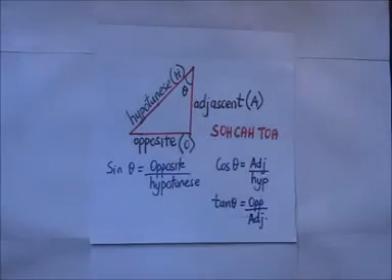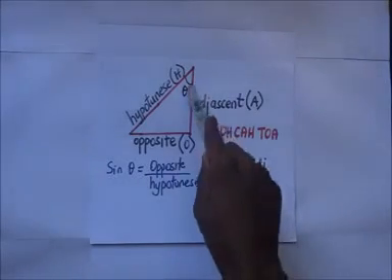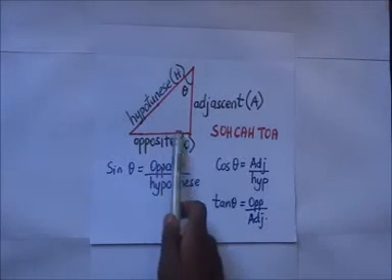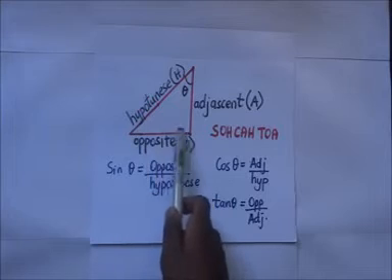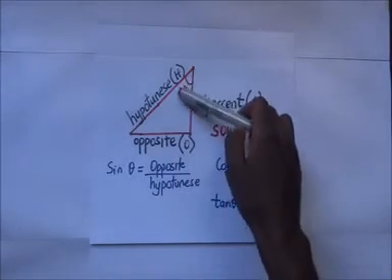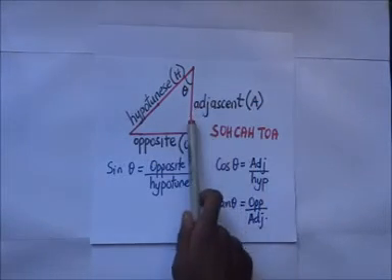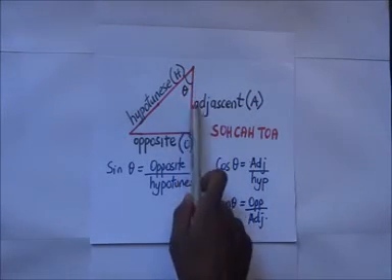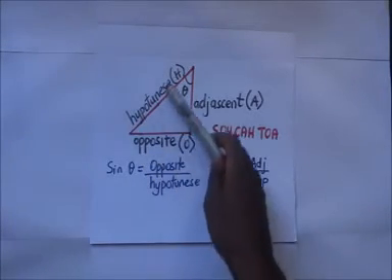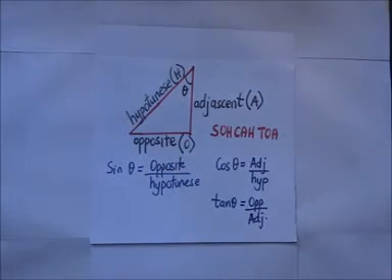When the angle is up there, it means that this line down here will become the opposite, because as you can see, this line is opposite that angle. So this is opposite, and it is this line that is adjacent to that angle theta. The hypotenuse, like we had earlier said, is the longest, and it will maintain its name, the hypotenuse.